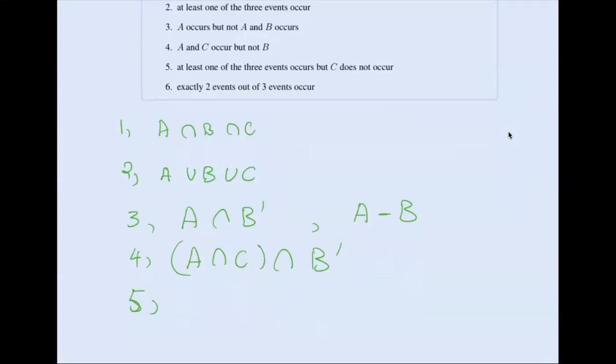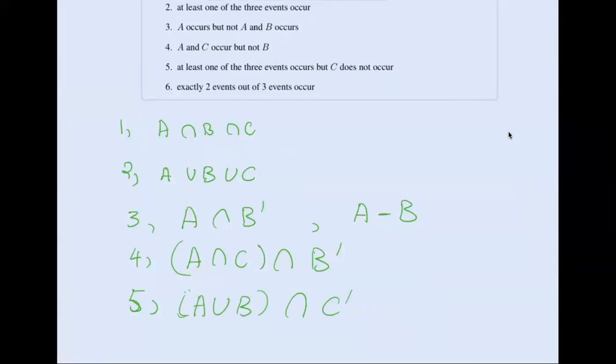So you want at least one of 3 events to occur, but not C. So definitely you wouldn't want to see something with C in it, unless it is C complement, right? Yes, so you would have A or B and C complement.